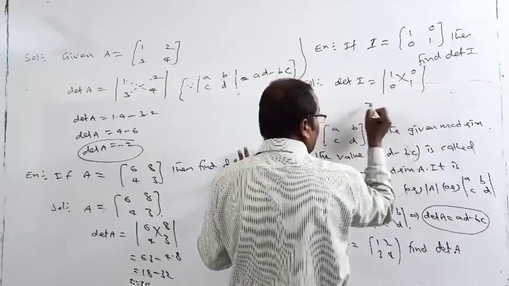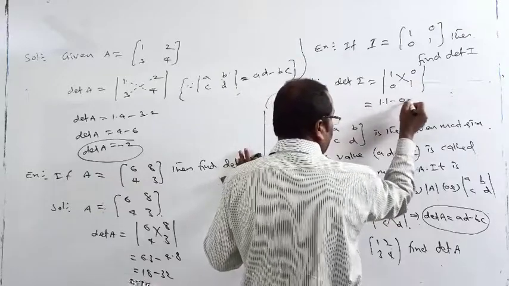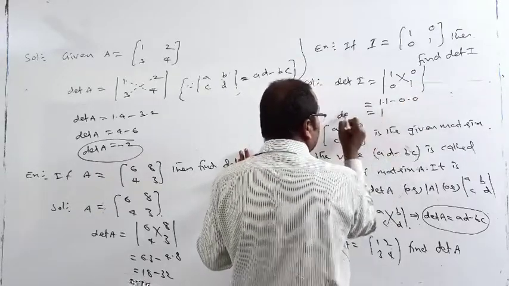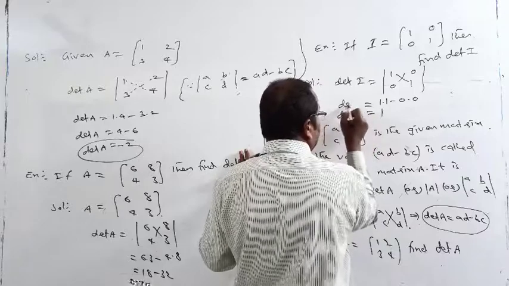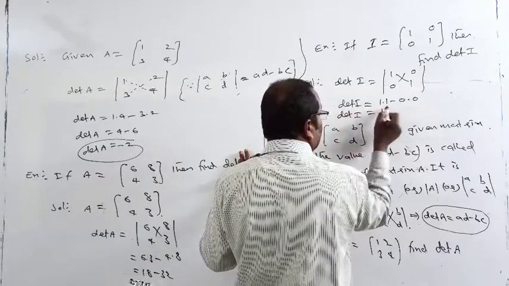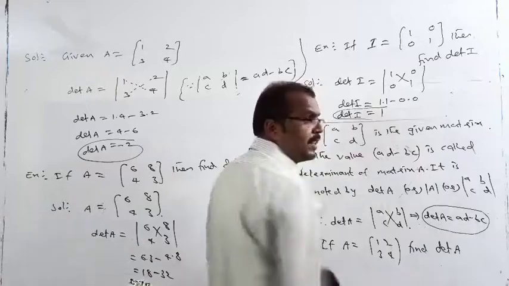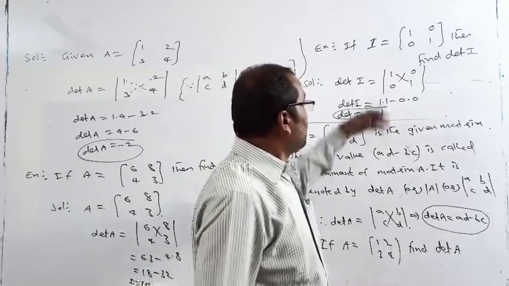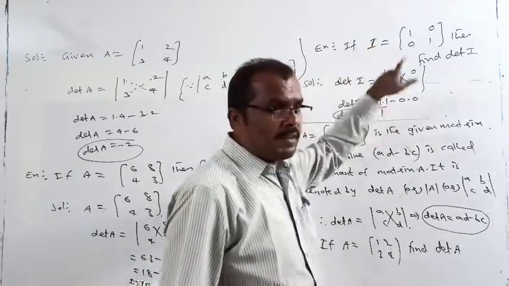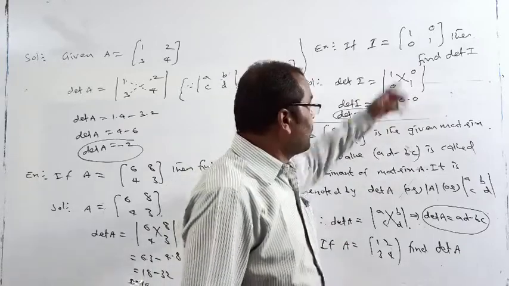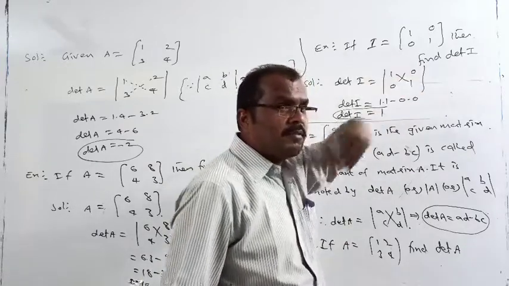When you see the formula, 1 into 1 minus 0 into 0. The answer is 1. So now we can observe one thing here. What is that? The determinant of a unit matrix is always 1.